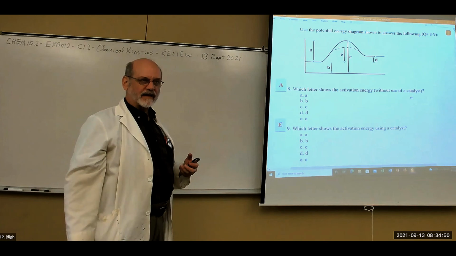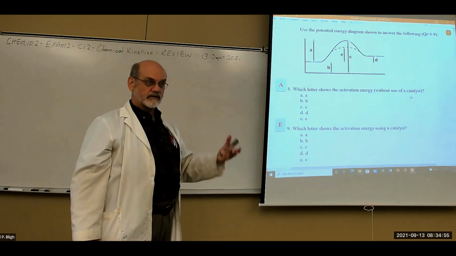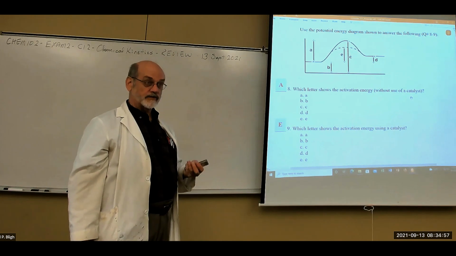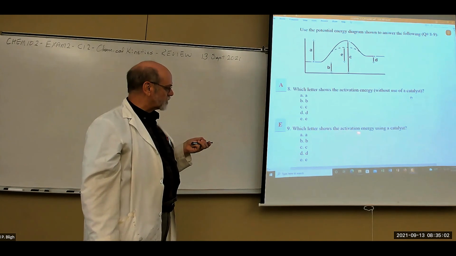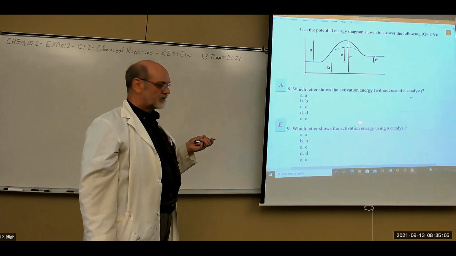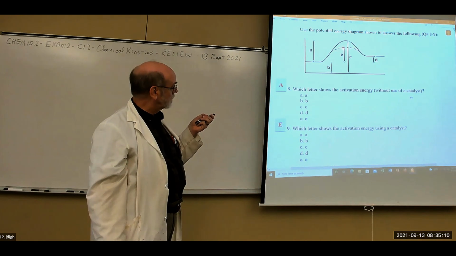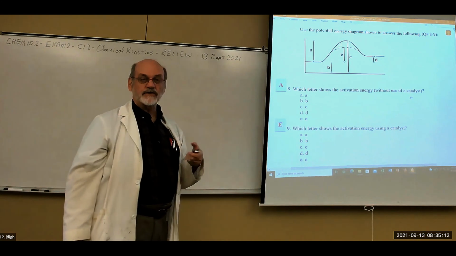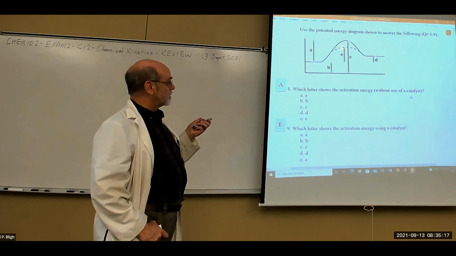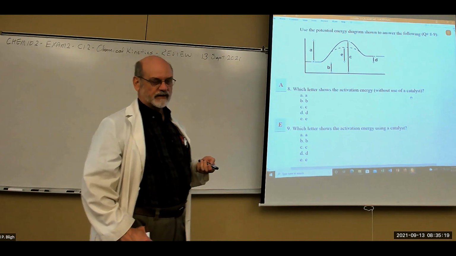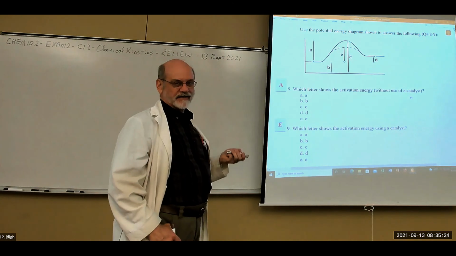What's the whole purpose for a catalyst? The catalyst speeds up the reaction. Right? How does it do it? What it does is it reduces the amount of energy required to activate. In other words, the activated complex now occurs here and not here. So less energy is required. It may be the same activated complex, probably is, but it occurs by a different mechanism.